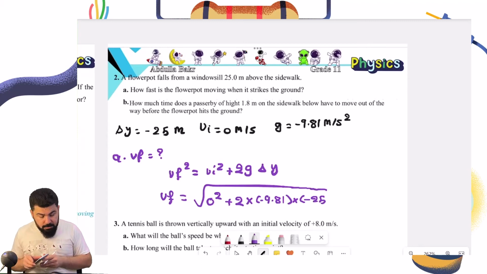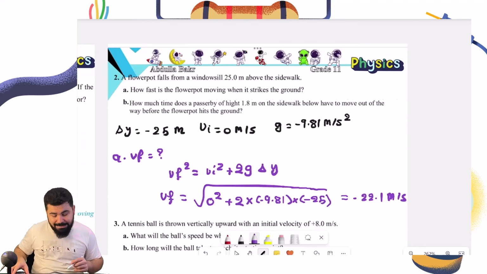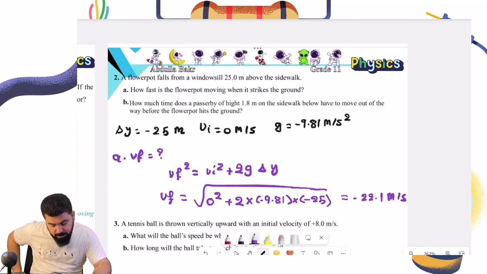The 0 is not going to change anything. V final, because we took the square root, is going to be plus or minus 22.1, but I'm going to take the negative one because it's going down, so negative 22.1 meters per second.